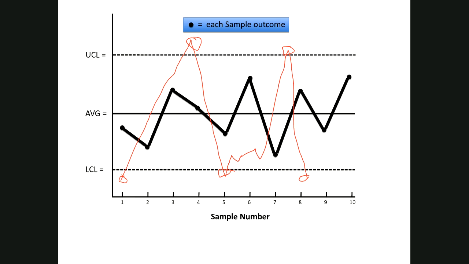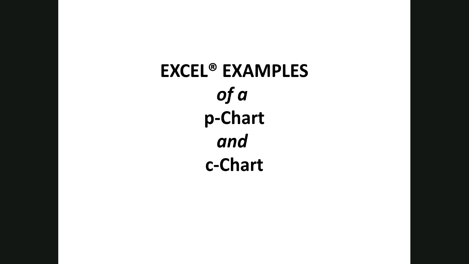So now what we want to do is look at some examples of a P chart and a C chart. And again, these are all attribute control charts.